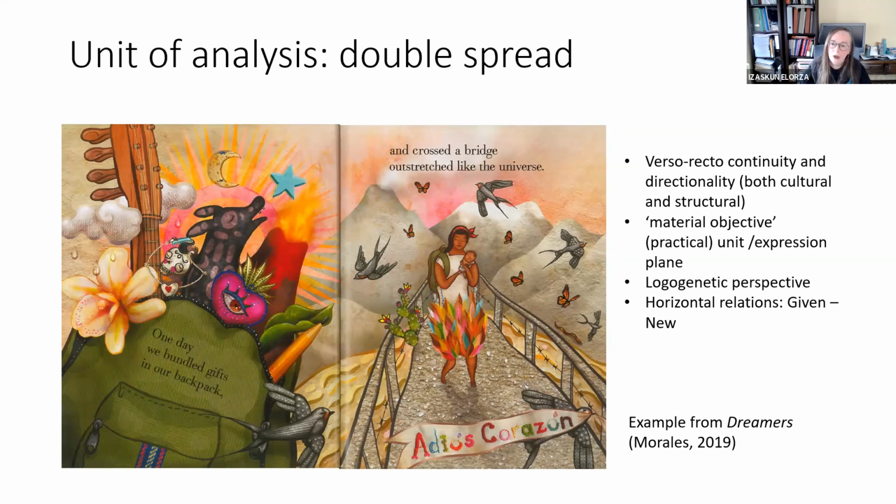So the thing is that here we are looking into the double spread as a unit, or we should do that sometimes at least, because what we have is a continuity between the verso, that is to say the left page, and the recto, the page on the right. There's continuity in the visual construal of the meaning. So we cannot just think in terms of pages.